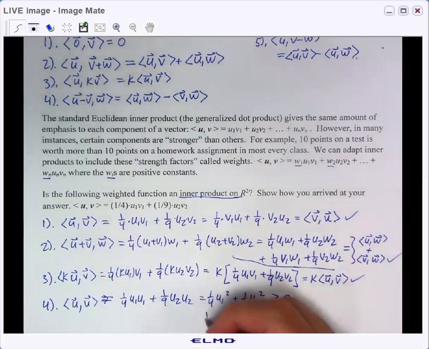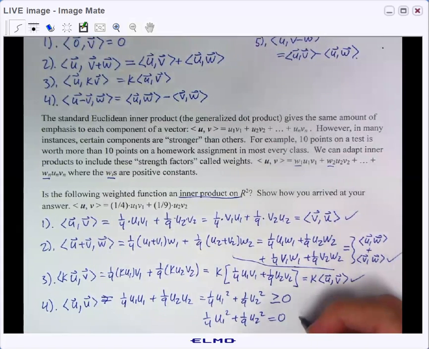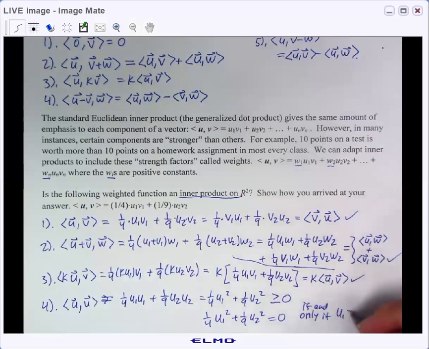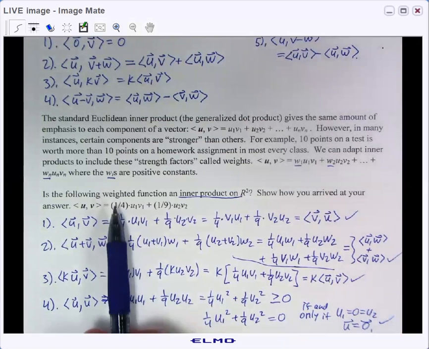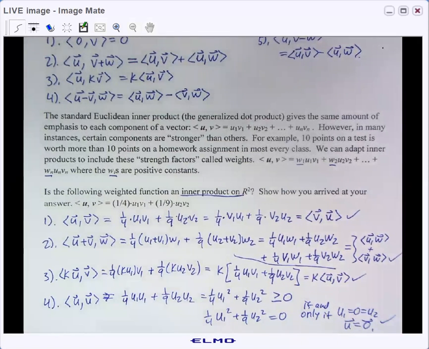In fact, 1/4 U1 squared plus 1/9 U2 squared will equal 0 if and only if U1 equals 0 equals U2, but that would force U to be the 0 vector. So we have shown that even if I throw some positive constants on here, it satisfies all 4 of our axioms.